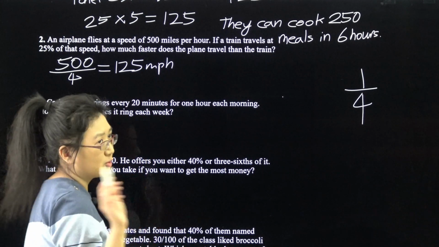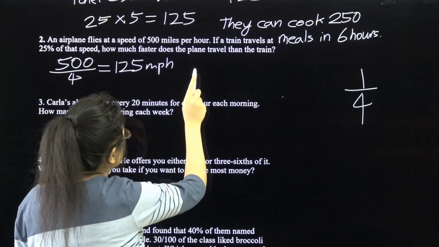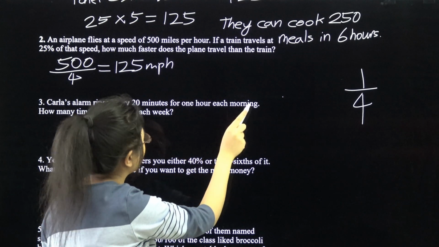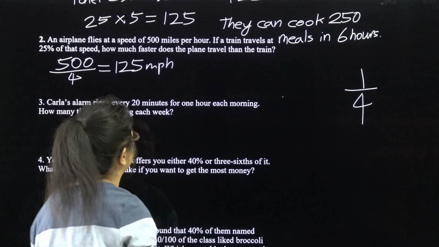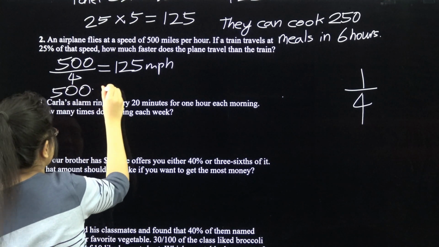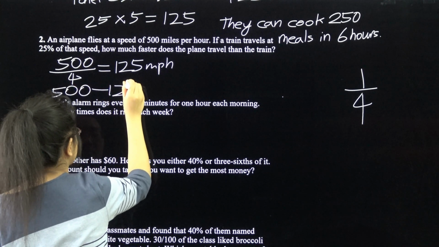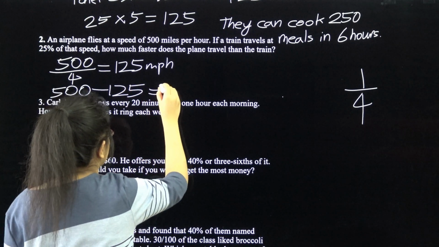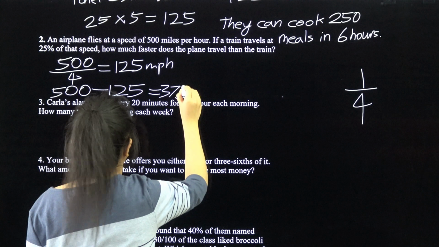MPH stands for miles per hour, but we aren't done the question yet. The question is, how much faster does the plane travel than the train? Not how fast does the train travel. So now we have to do a subtraction. 500 minus 125 equals 375.